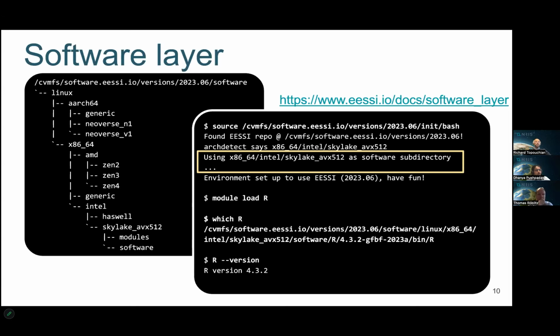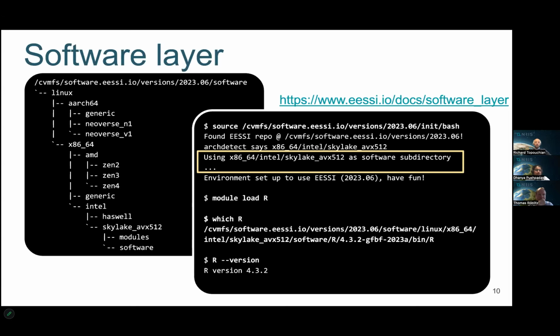So simply by sourcing a shell script or loading a module, as is the case on our NRIS HPCs, this process is fully automated. The path to the right software tree automatically gets reflected into the user's environment. In other words, only one single command is able to make the user access a full stack of scientific software that is optimized for the system they are running on.